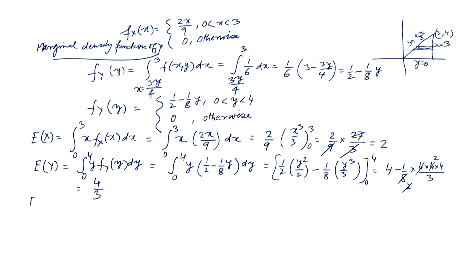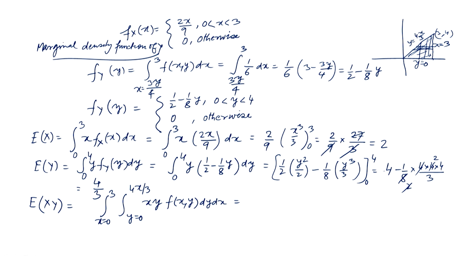Now, expected value of xy. So, we take the joint probability density function here. For now let us see, we have to integrate over this area, for the joint probability density function. So, y varies from 0 to 4x by 3, x varies from 0 to 3, and we have x into y, f(x,y), dy dx.